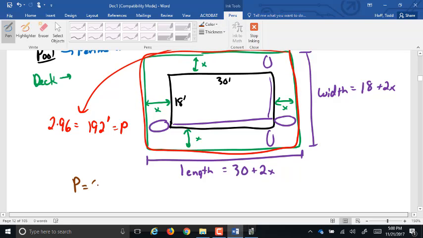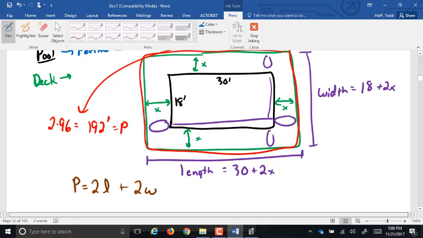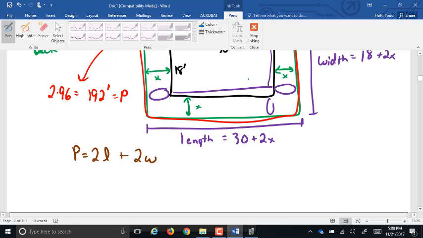So P equals 2L plus 2W. What's going to go in for P? The 192 perimeter of the deck, yep.